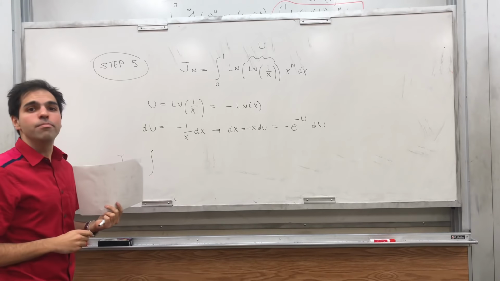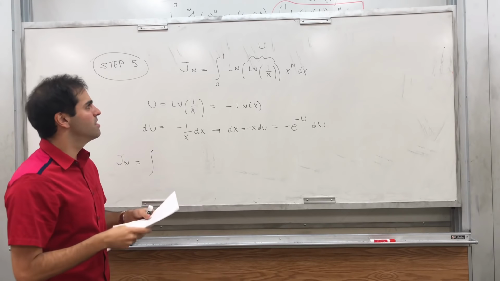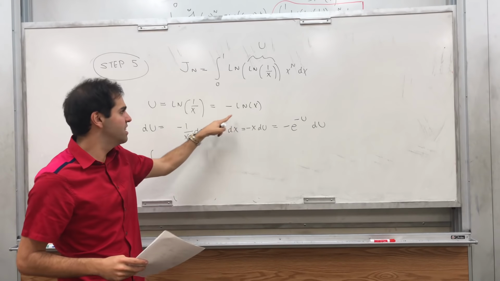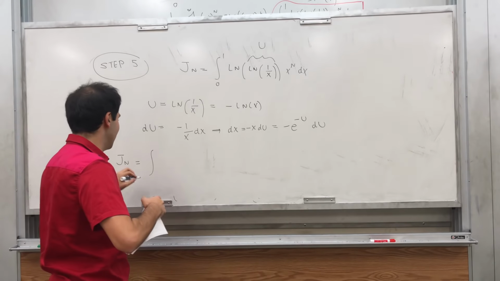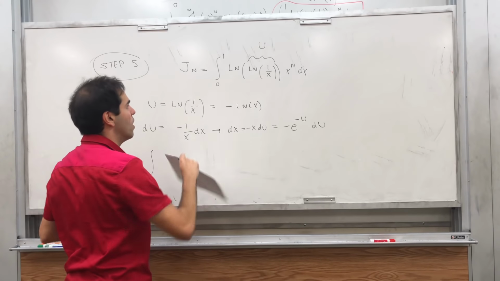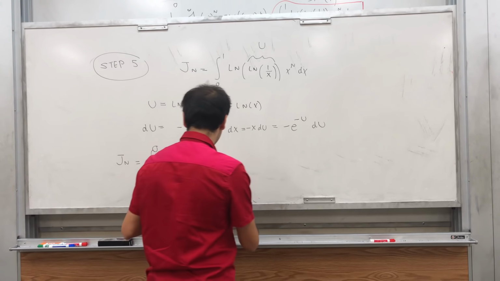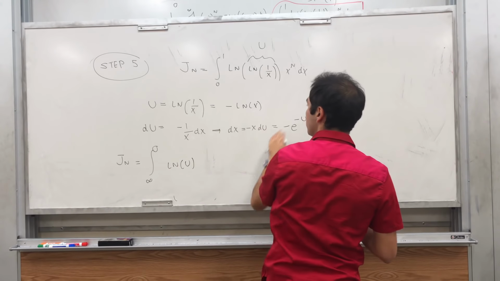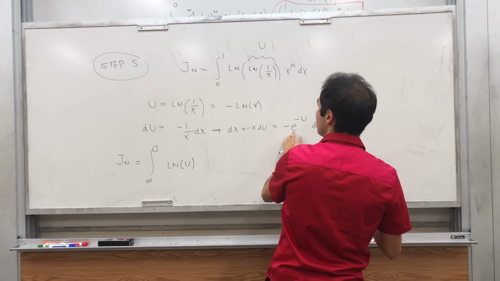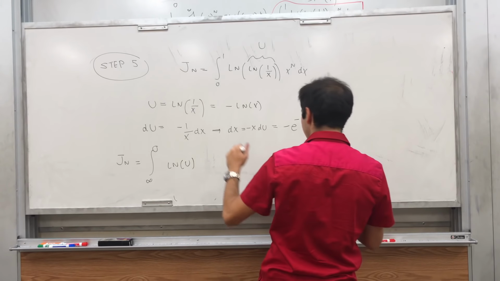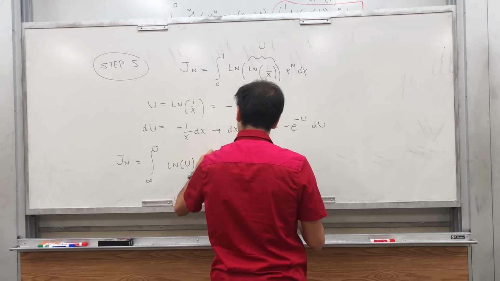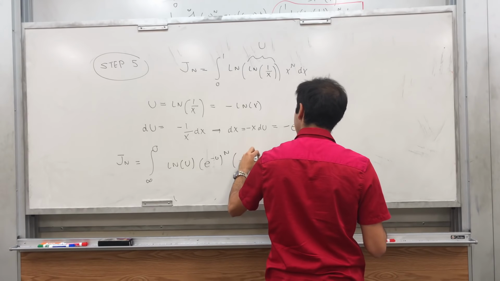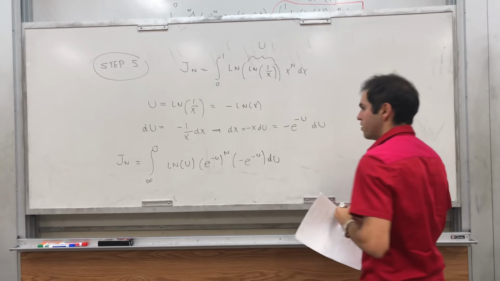Well, technically an improper integral, so you do it from 0 plus to 1. ln of 0 plus is minus infinity, minus minus, it's infinity, and then ln of 1 is 0, so it's an integral from infinity to 0, ln of u, and then x is e^(-u), so (e^(-u))^n, and we have minus e^(-u) du.